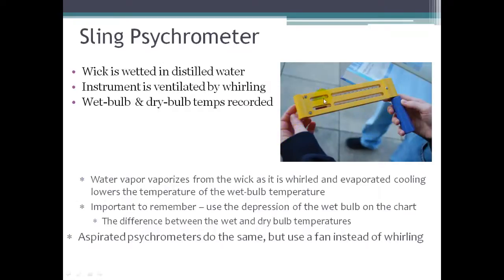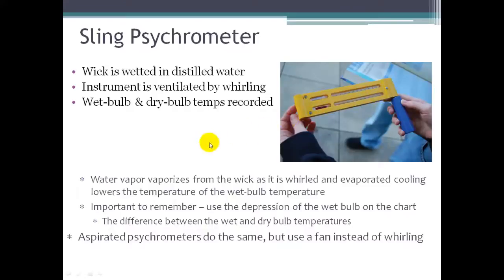As you spin it, the water on the sock evaporates and causes the temperature of that thermometer to decrease because of the latent heat it takes to evaporate that water. So the temperature of one thermometer goes down while the other one is just reading the regular air temperature.